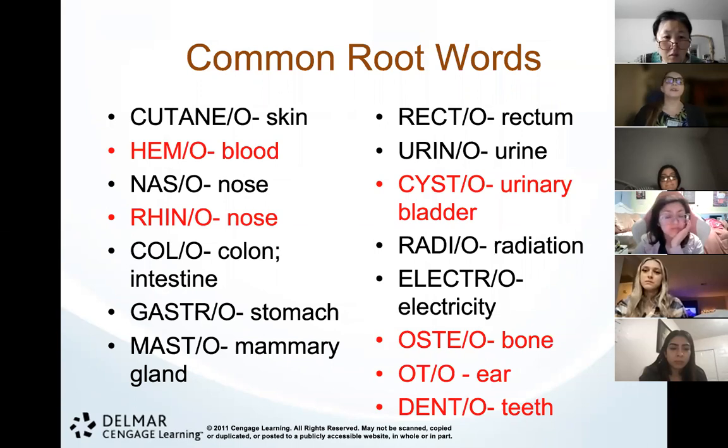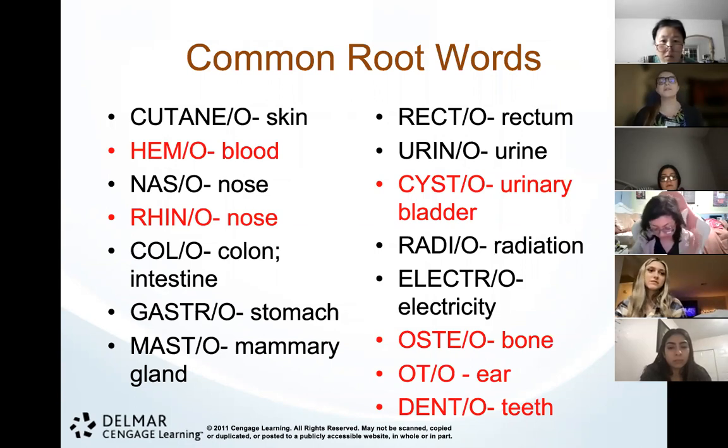Colo is colon or intestine. Colon is found in the large intestine, so mostly focusing on that. Gastro, we can also use for the stomach. Masto is a term that we'll use for the mammary glands. Recto for the rectum, urino for urine, cysto, urinary bladder. So think of cystocentesis, that's to obtain a sterile sample from a urinary bladder.